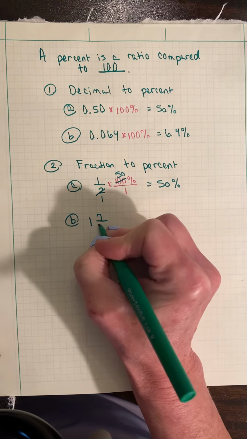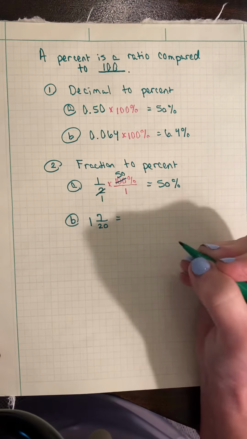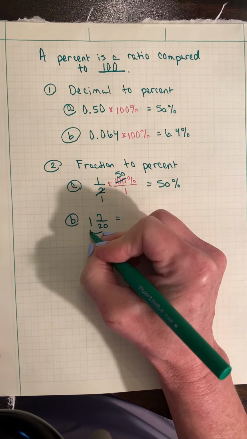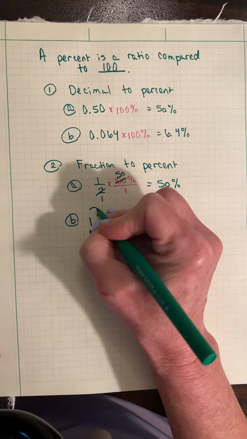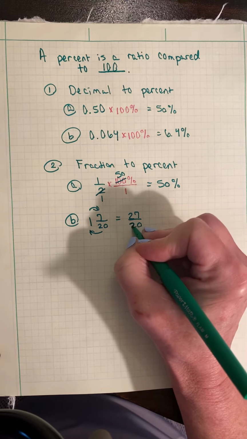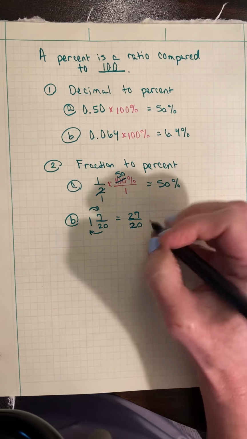Let's change this mixed number to a percent. The first thing we want to do is change it to just a fraction. So 20 times 1 is 20, plus 7 is 27. And I'm multiplying by 100%.